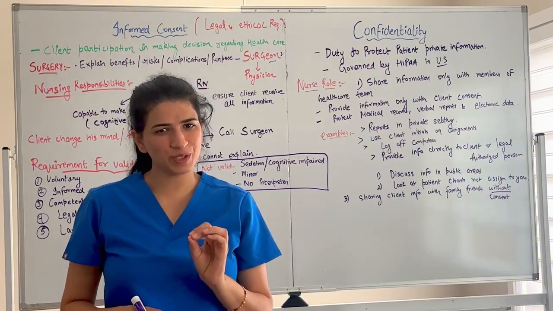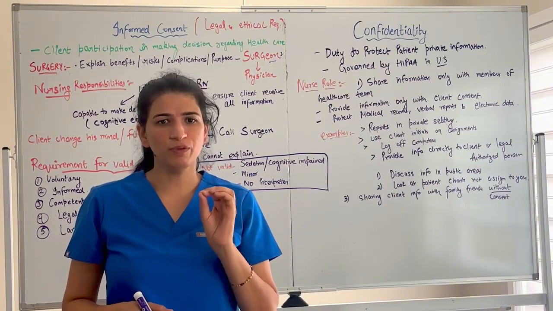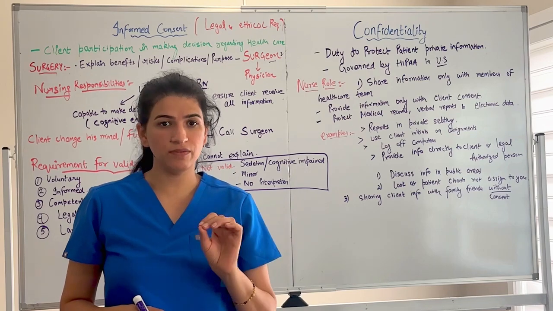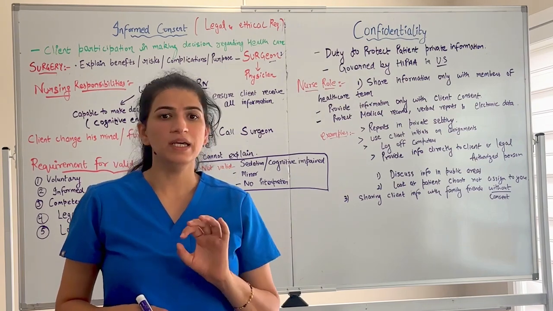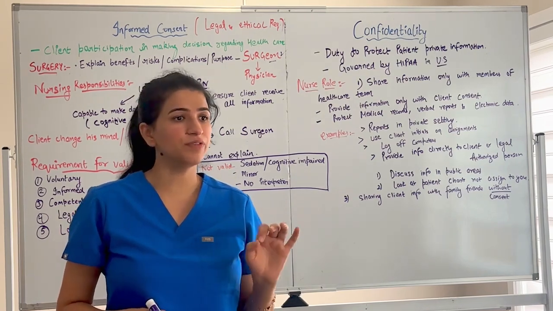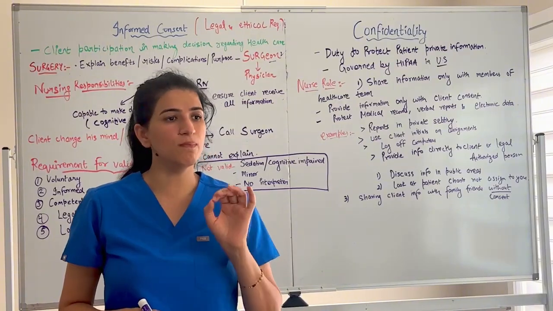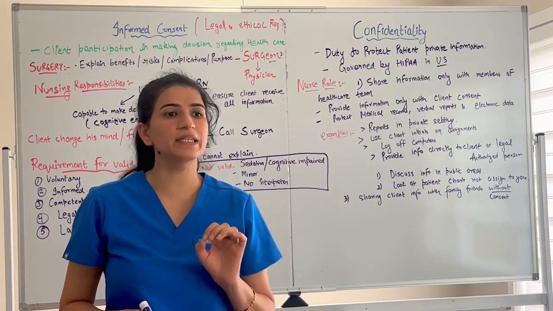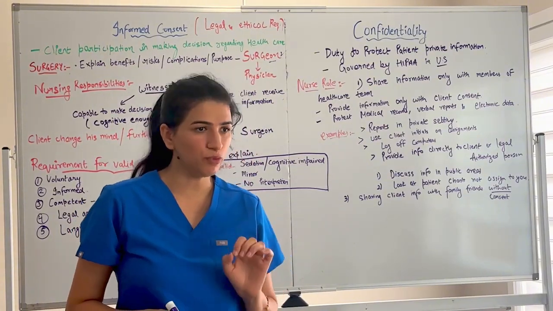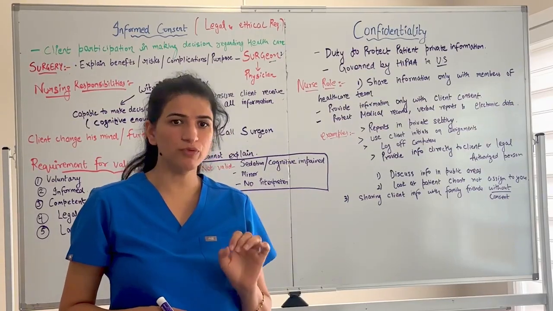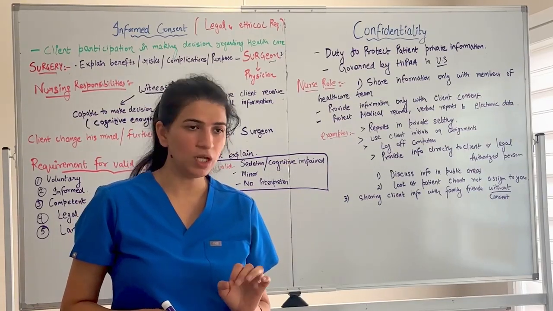Any nursing procedure you're doing on the floor, before you touch the patient, in any situation, irrespective of where you're going to work after getting the RN license, you must explain to the patient and get the consent from them before you touch the patient, okay? Or before you teach anything about it.